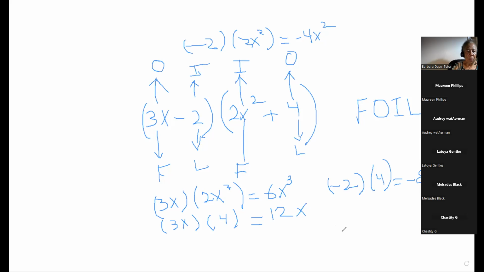Standard form, from high to low power. 6x to the third, because that power is the highest, right? So this is 6x to the third.